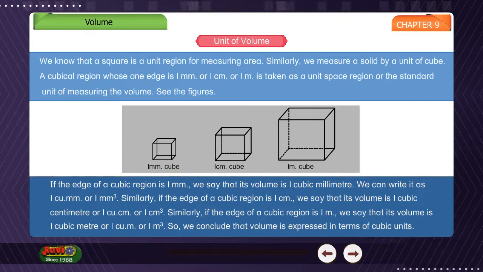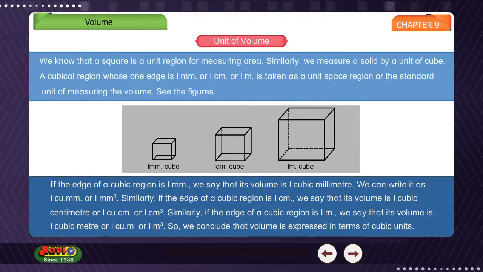If the edge of a cubic region is 1 millimeter, we say that its volume is 1 cubic millimeter. We can write it as 1 cu.mm or 1 mm cube. Similarly, if the edge of a cubic region is 1 centimeter, we say that its volume is 1 cubic centimeter, or 1 cu.cm, or 1 cm cube.